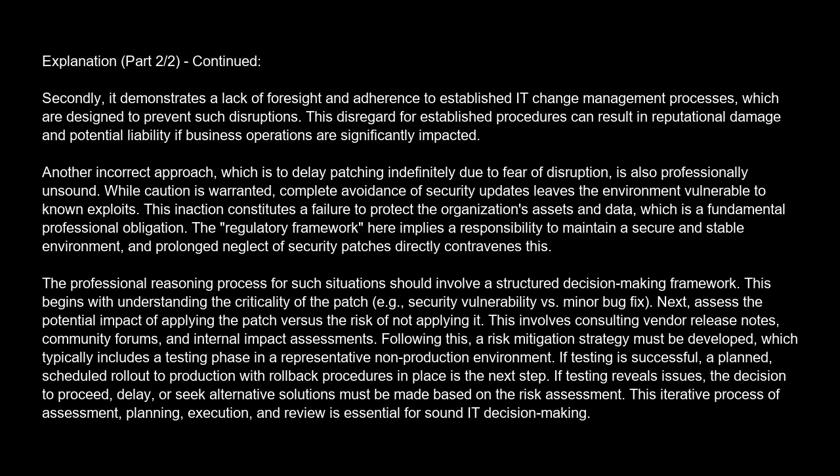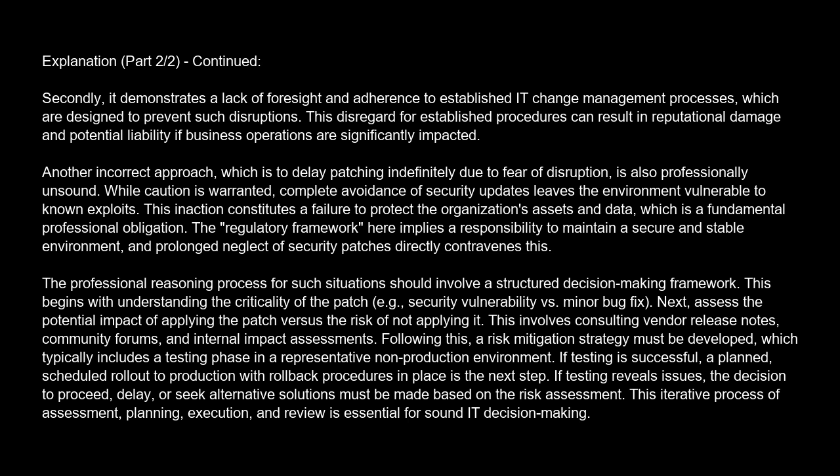The professional reasoning process for such situations should involve a structured decision-making framework. This begins with understanding the criticality of the patch, e.g., security vulnerability vs. minor bug fix. Next, assess the potential impact of applying the patch versus the risk of not applying it. This involves consulting vendor release notes, community forums, and internal impact assessments. Following this, a risk mitigation strategy must be developed, which typically includes a testing phase in a representative non-production environment.